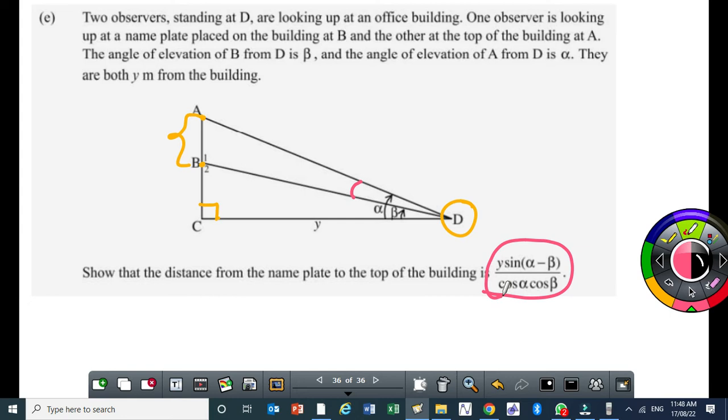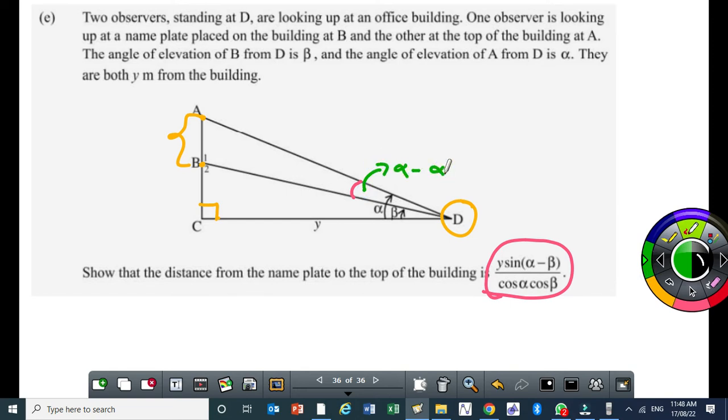That's the only way. Which means trying to calculate the length of AC and then getting BC and subtracting and so on, you might not be able to get the answer because of this alpha minus beta. So you have to think there. So this angle is equal to alpha minus beta.